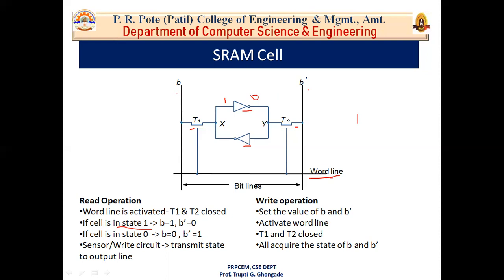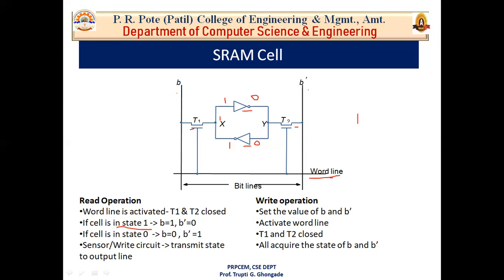And it is cross connected, so we will have 0 here, the same 0 we will have here, and 1 here. So when this cell is in state 1, 1 will be here at position X.